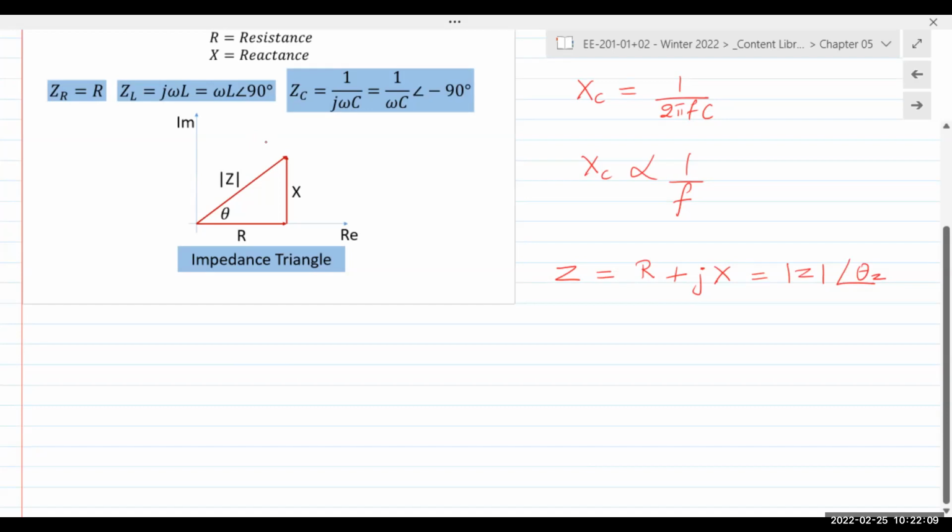We can describe a right angle triangle using the three sides Z, R, and X, known as the impedance triangle. The phase angle it makes with the real axis is also described as the phase of the impedance, theta z.